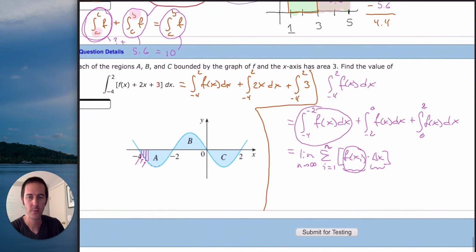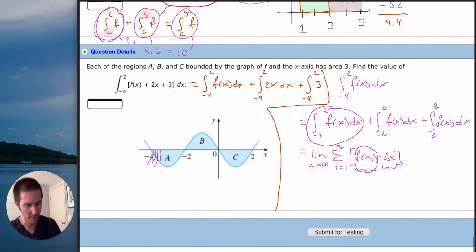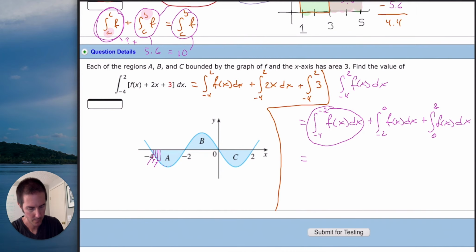Now, we were told in this problem that A, B, and C all have area of 3, but when we're evaluating an integral like this, we have to be careful when that segment of the curve or the graph resides below the x-axis. So I'm making it negative because it's below the x-axis.